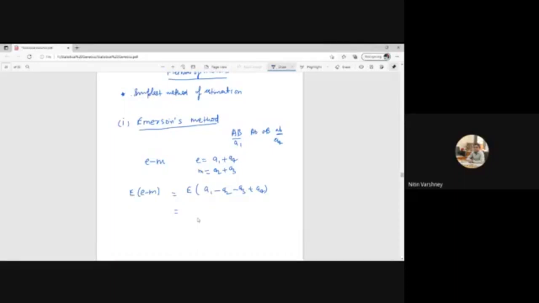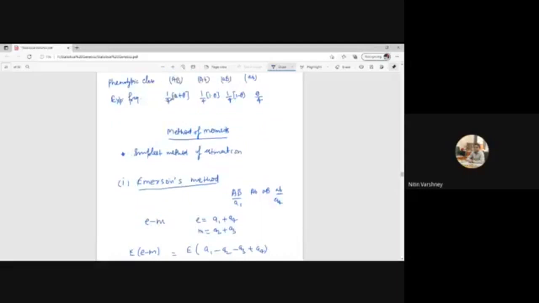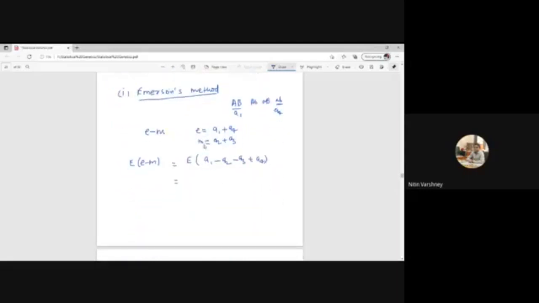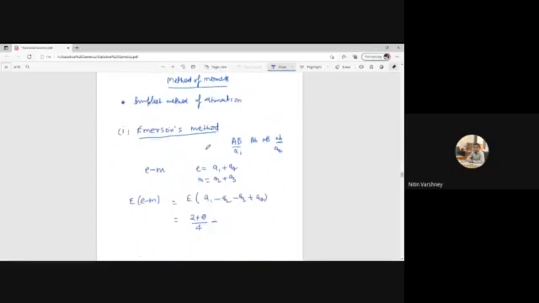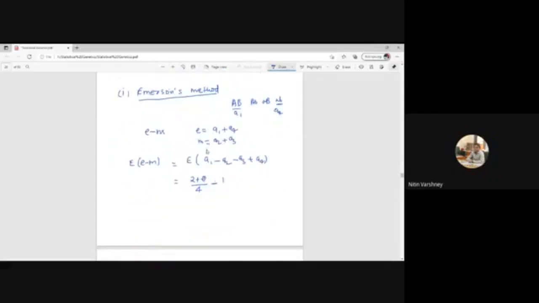I told you these are the expected values: (2 plus theta) divided by 4, minus 1 by 4 (1 minus theta), minus 1 by 4 (1 minus theta), plus theta by 4.